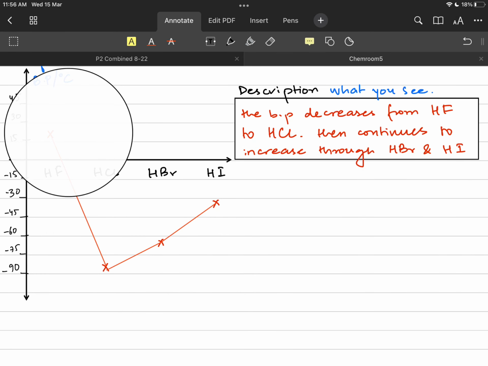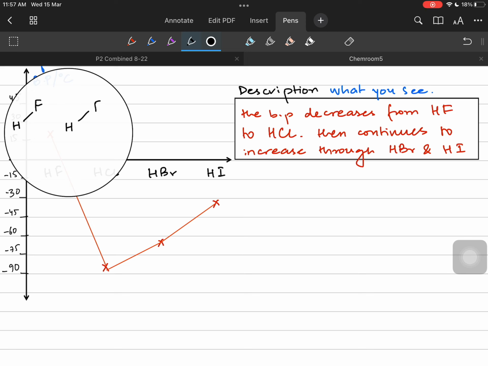Now we'll talk about the explanation here using the intermolecular forces. Hydrogen fluoride particles have hydrogen bonding in them. You can see I'm drawing some hydrogen fluoride molecules here. They are highly polar, and fluorine has lone pairs.